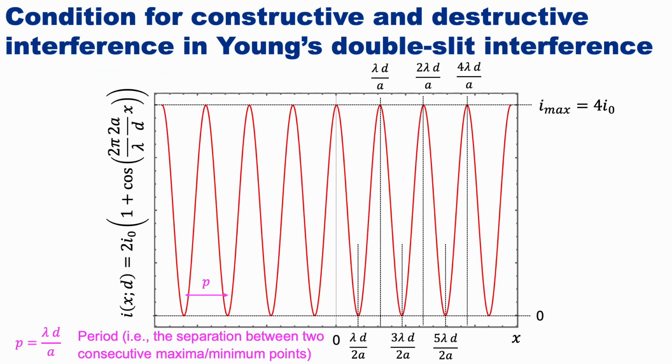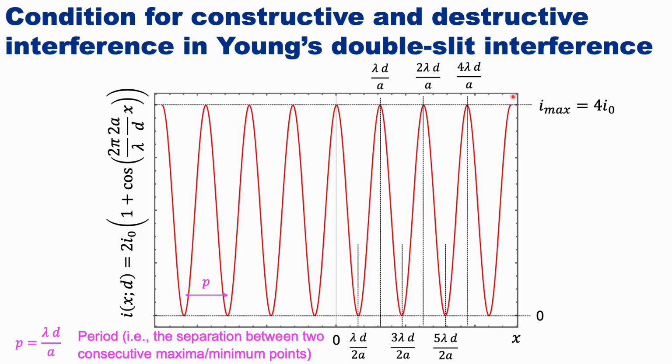And that's what we see here when we replot the resultant intensity. We have our cosinusoidal behavior, where we can see that the minimums are located at odd multiples of lambda d over 2a, and the maximum values are at even multiples.